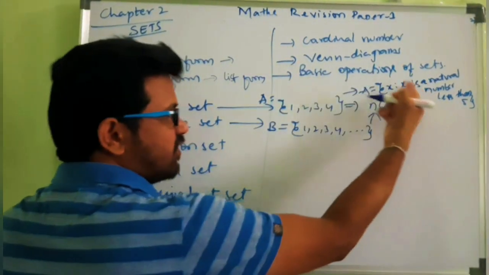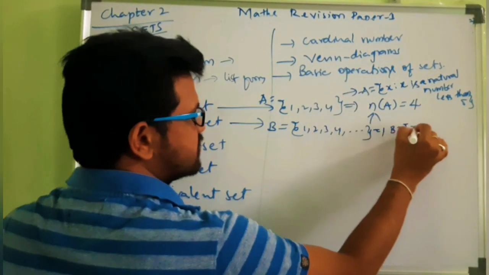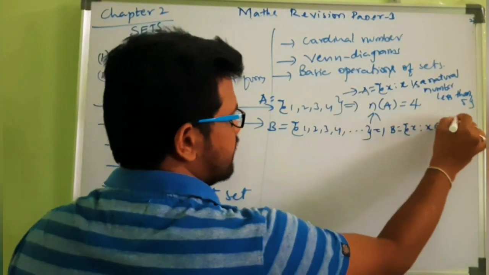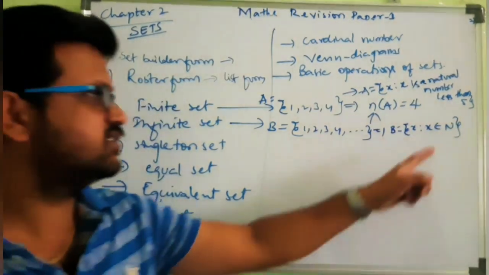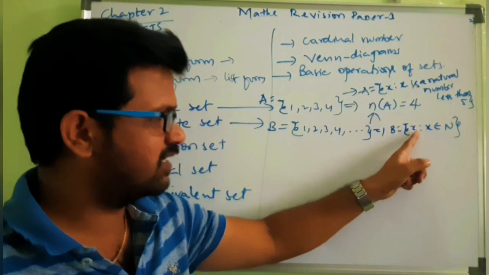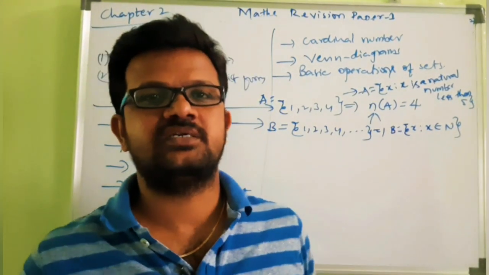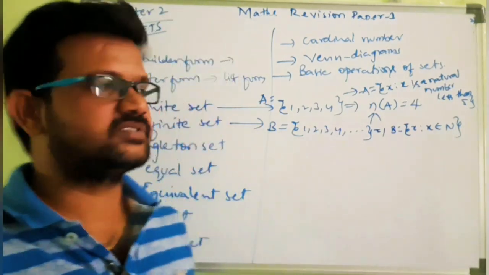So this is set builder form and this is roster form. This one, B is equal to x such that x belongs to N. This is set builder form. x such that x belongs to N means x such that x is a natural number. There are infinite numbers of natural numbers.